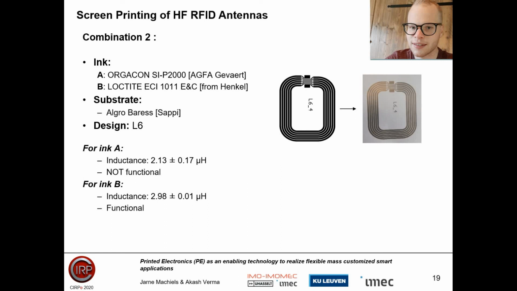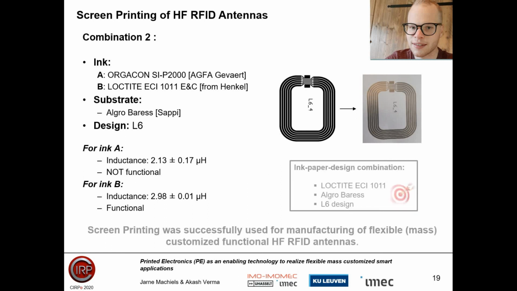The functionality test showed that the antennas printed with the Orgacon ink were not functional. The inductance of 2.13 microhenry was too low. In contrast, the antennas printed with the Loctite ink were all functional, with an inductance value around 3 microhenry. So, it can be concluded that the combination of the Loctite ink, the Alcobares substrate, and the L6 antenna design is successful to manufacture flexible, customized, functional high-frequency RFID antennas.